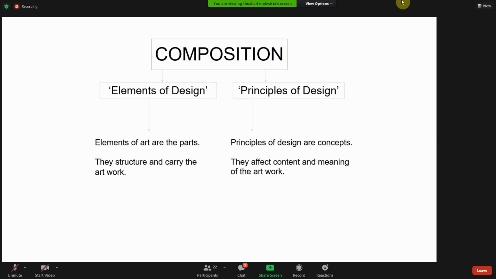They affect the content and meaning of the artwork. If we have a line in a picture, it's just a line. And if we are using design principles to play with this line, then it will become a meaningful artwork.